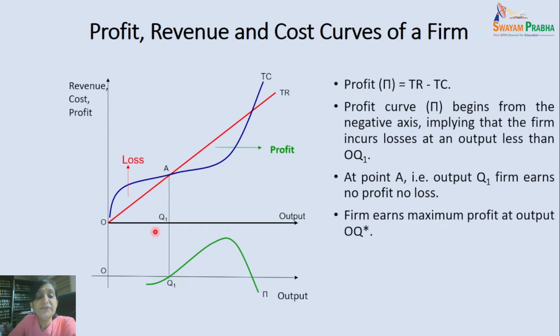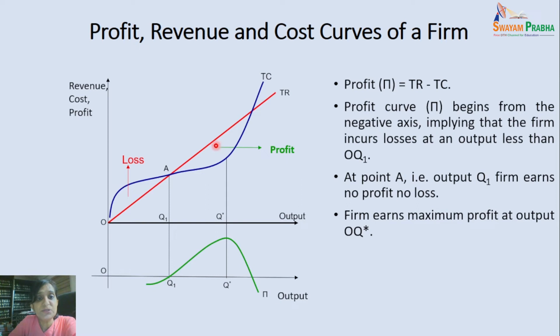Then after Q1, the firm starts earning profits. After OQ1, when it increases the level of output, since your cost curve comes below the revenue curve, the firm starts earning profits. So after point A on your TR curve, the firm is earning profits.